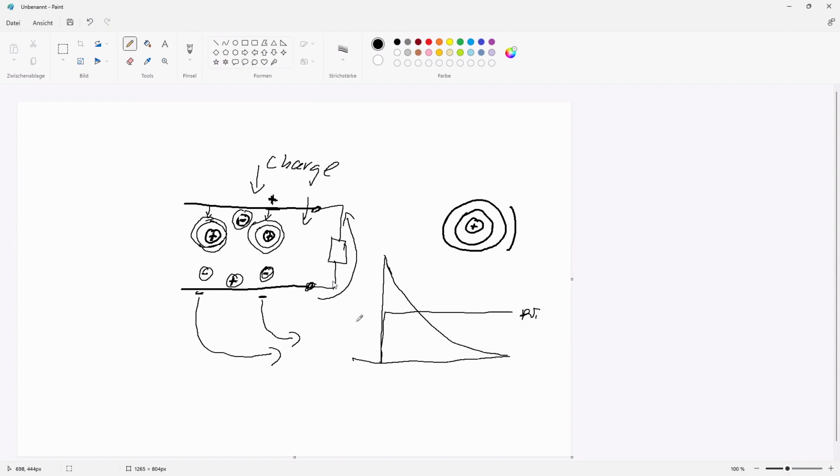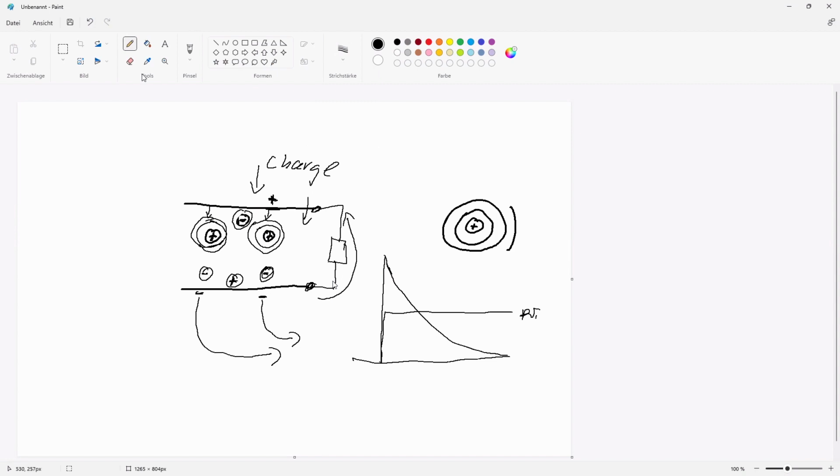Both sides have then the same charge. That means these sensors are only used for dynamic processes. It's not possible to use them for static measurements.